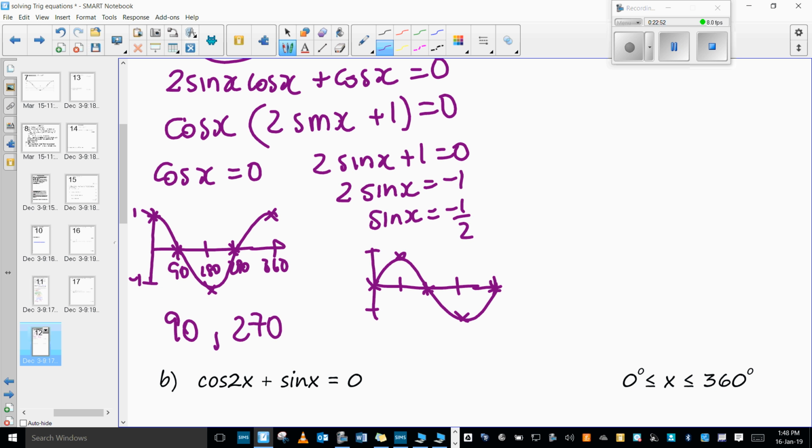And for this one, we need to find when sine x is equal to -1/2. So what do we do when we're solving this? Draw your horizontal line at -1/2. How do we find our first solution? Yep, and then use the calc. Yes. So we're going to rearrange and use the calc. So you'll find that's -30.